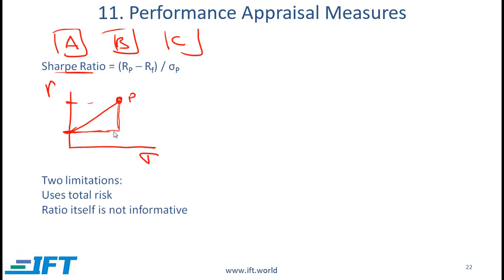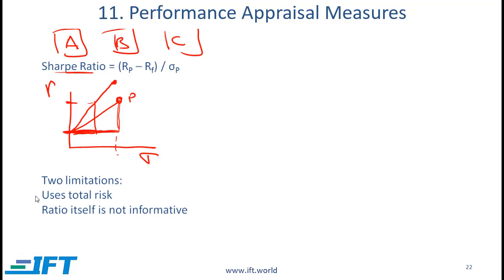That's the change in y. The x is the risk of the portfolio. A steeper capital allocation line would be superior or more efficient because here we are getting a higher return for each unit of risk. The Sharpe ratio is simple to understand, simple to calculate, and used very often.